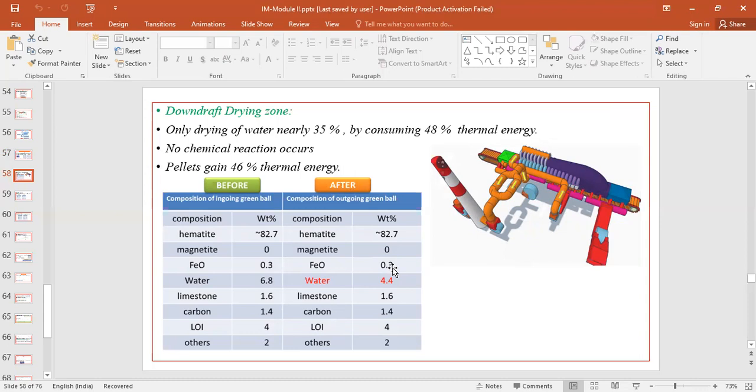In the downdraft drying zone, the topmost layer of the pellets is also exposed to the temperatures, and drying takes place. In this way, once the pellets have moved out of the drying zone, a good amount of moisture content is removed from both the top as well as the bottom surface.